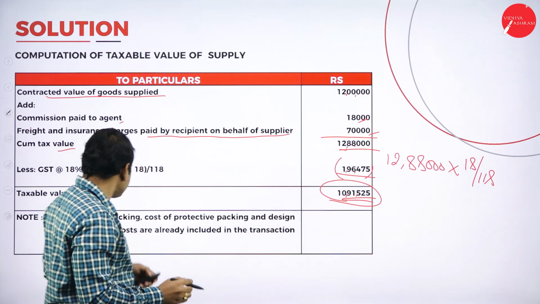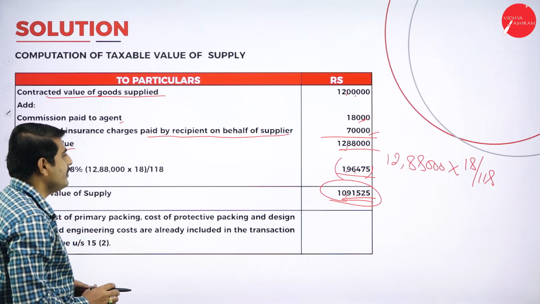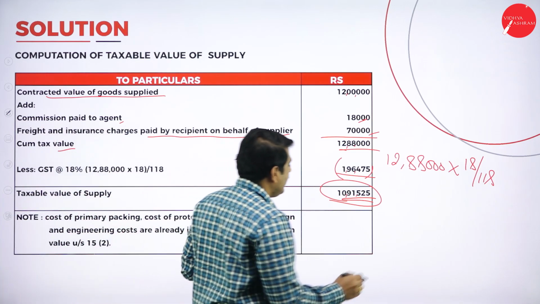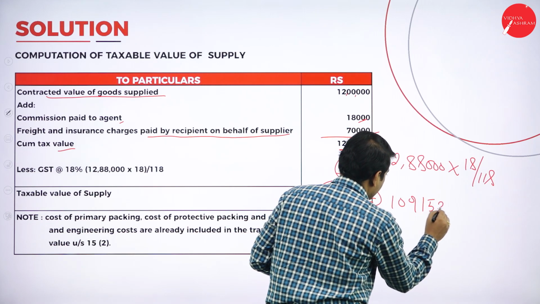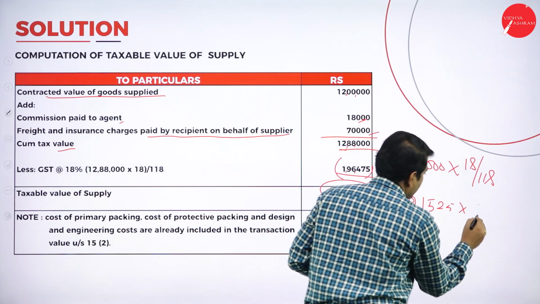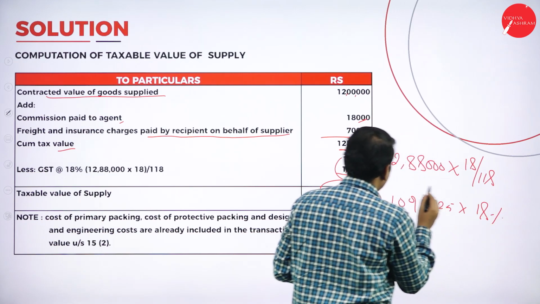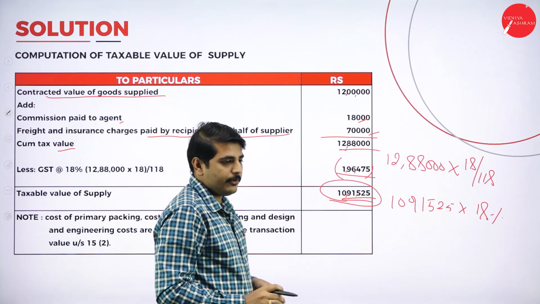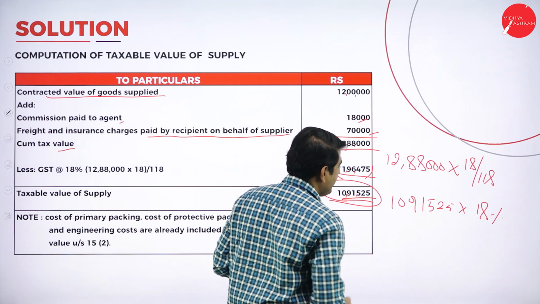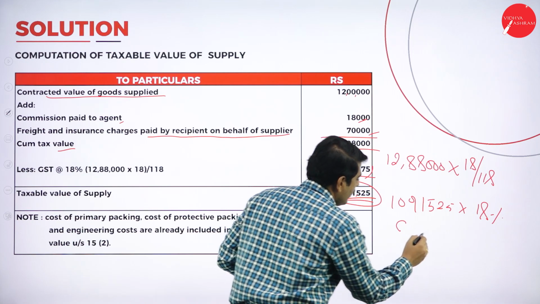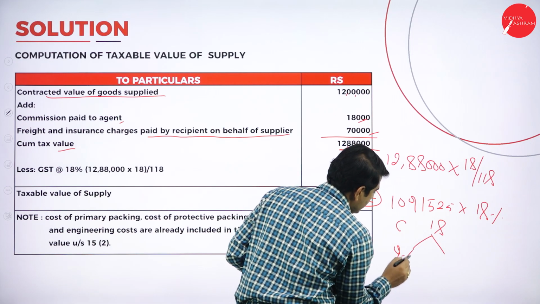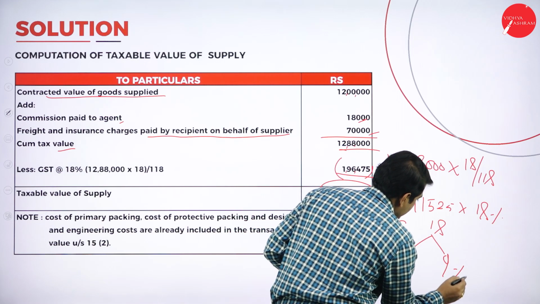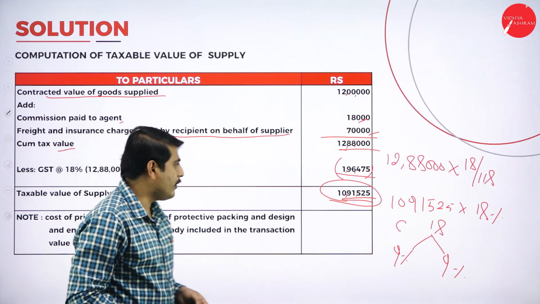Again we have to calculate the value of GST on this amount. 10,91,525 into 18%, you'll get the amount of GST. Then remove 9% CGST and 9% SGST, and you'll get the amount.